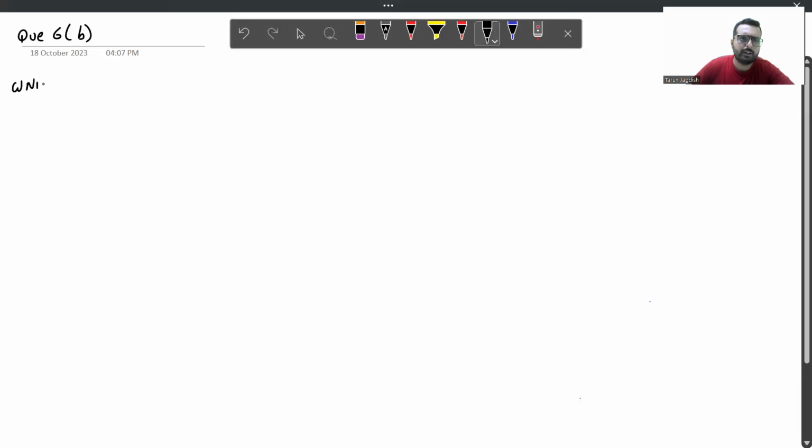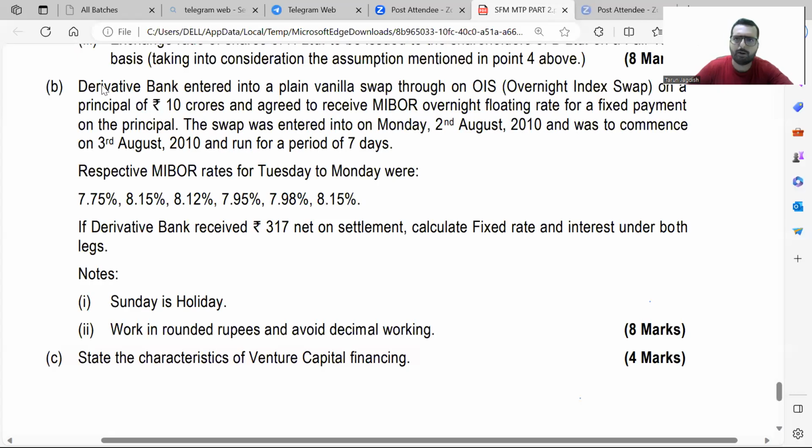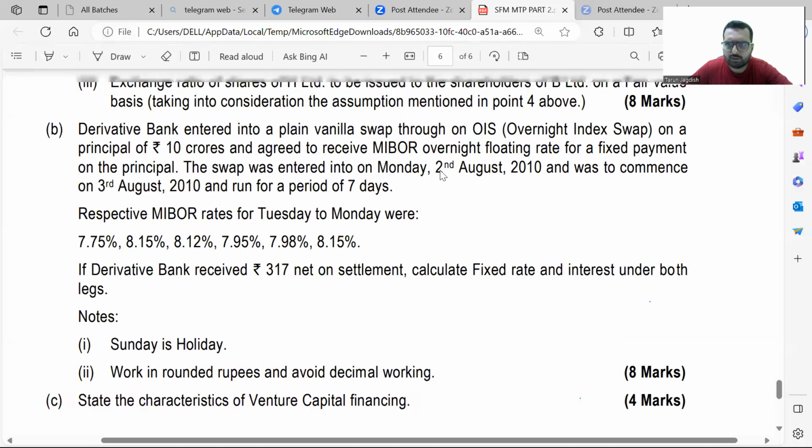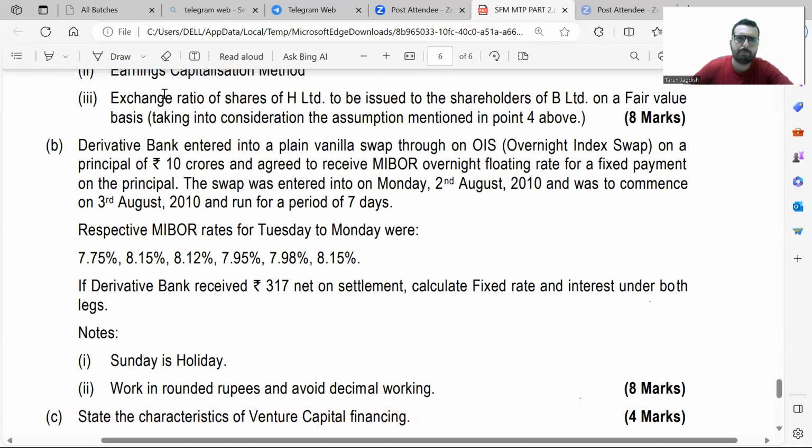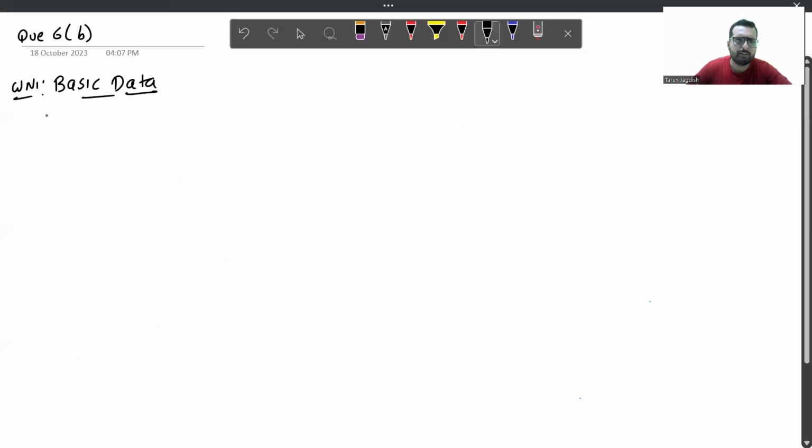Interest rate derivatives, working note number 1. Friends, actually our RTP, MTP is nothing but a compilation of many questions from our material. So here I'll just read through this part now, okay? So the principal amount has entered into a plain vanilla swap on a principal of 10 crores.